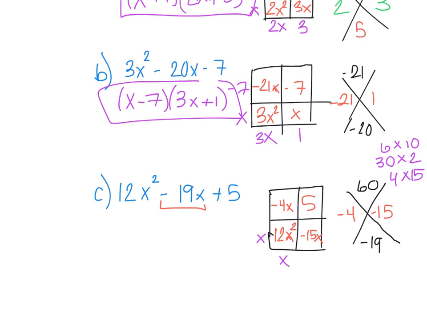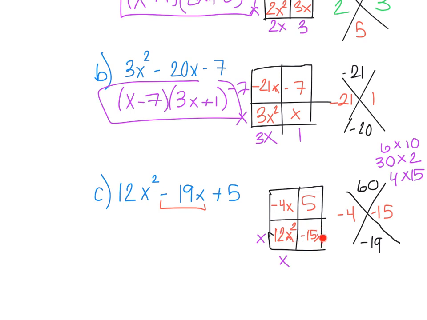But we have to look at these other values here. So we've got negative 4 here, and negative 15 here. So negative 4, if you're thinking about how am I going to break down this 12, that gives you the idea that I'm going to need to use 3 and 4 for that.